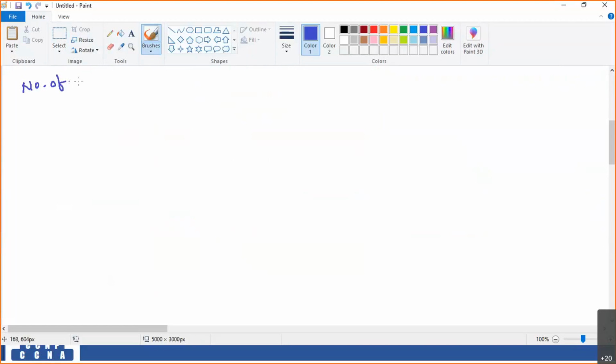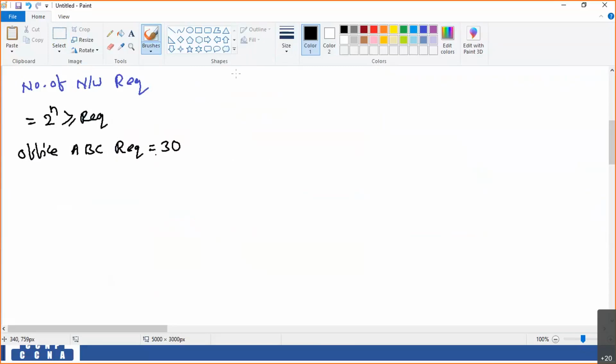Number of networks required: 2 power n greater than or equal to the requirement. Now Office ABC's requirement is 30 subnets and the base example is 192.168.5.0.